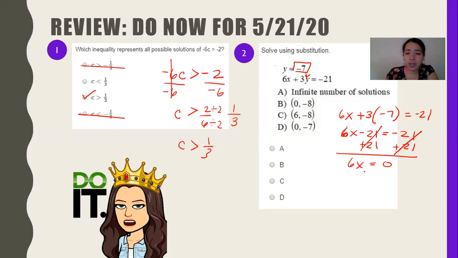And then I divide by 6. 0 divided by 6 is just going to be 0. So my x is 0, and what was my y? You remember what it is? Negative 7, that's my y.